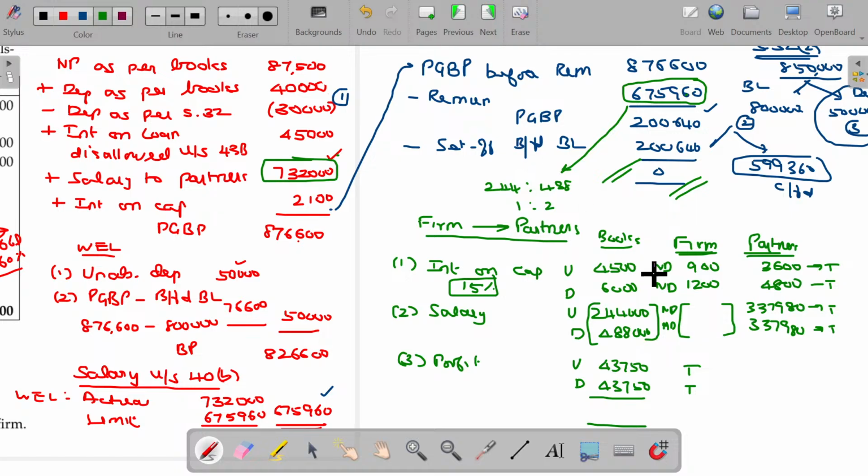The extent of disallowed, not debited in the firm, is exempted in the hands of the partners. How much is that? 56,040. These two were already taxable in the hands of the firm, so totally exempt in the hands of the partners. Clear?